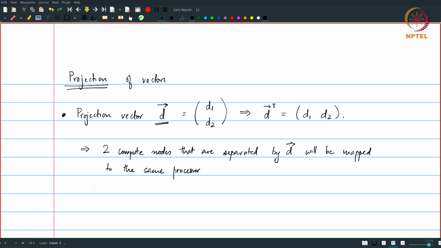In other words, if I have D or D transpose equal to 1, 0, that essentially corresponds to the vector looking like this. It implies that two nodes over here, let's say that this corresponded to the value 1, 0 and this corresponded to 2, 0, they will map to the same processor.